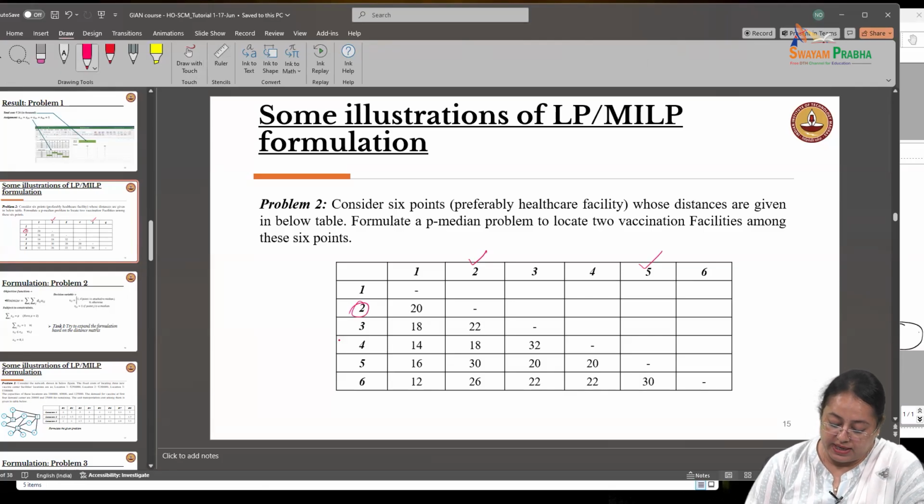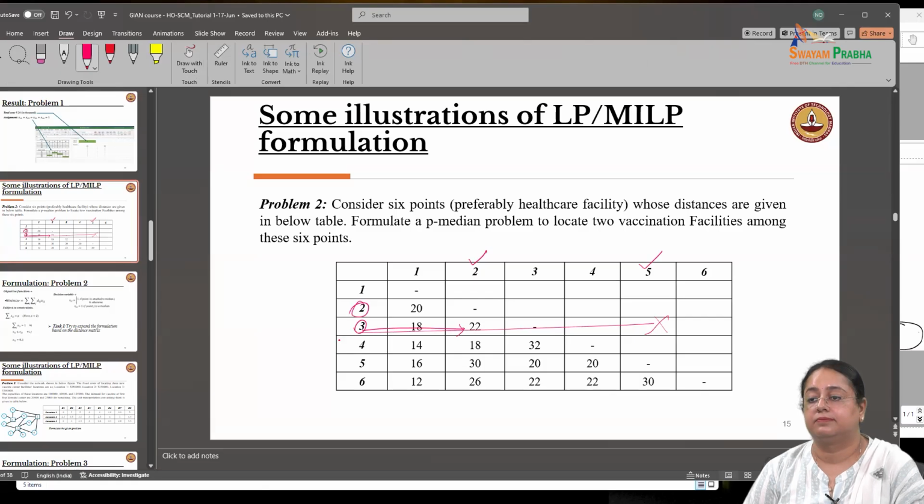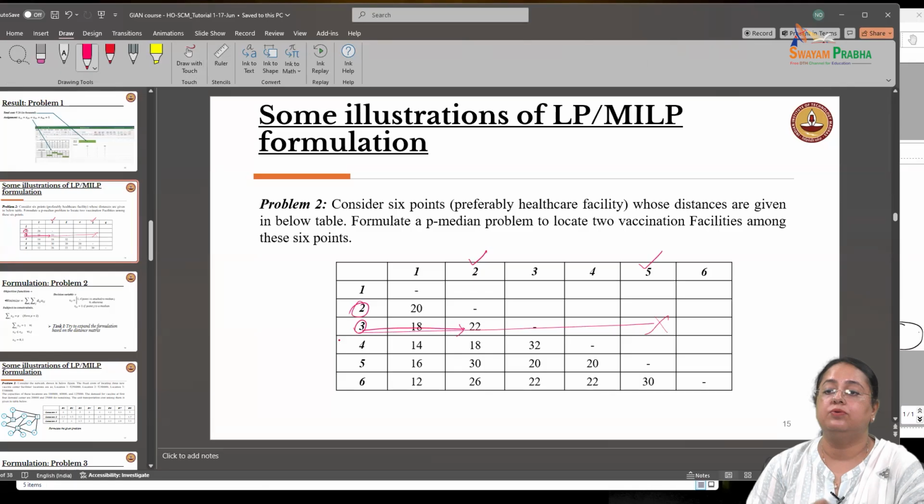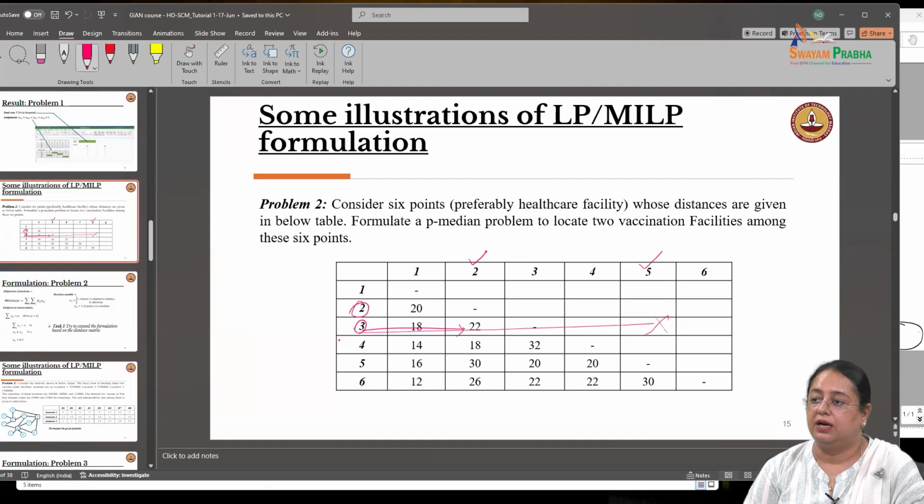If we assign this node to 2, it cannot be assigned to 5. That means the nodes can be assigned to only one potential healthcare facility. Makes sense? So then we will have an accurate picture.